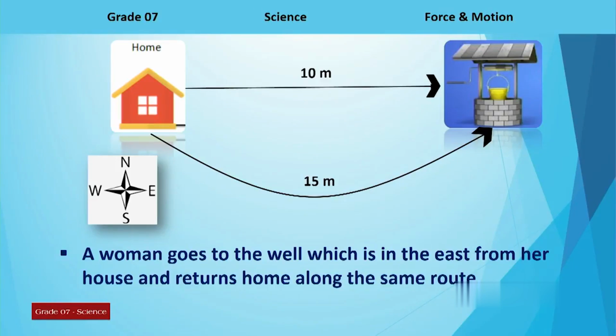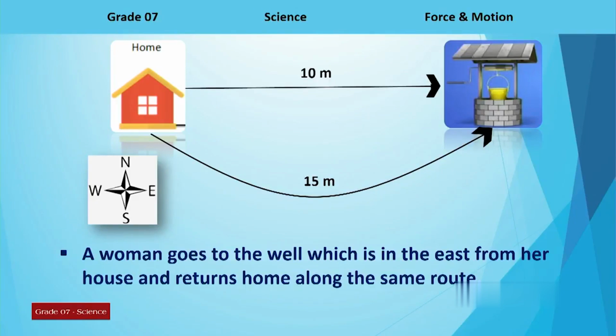That is the displacement between the house and the well. When the woman is going to the well, she is covering a distance of 15 meters, and when she returns home, she is covering another 15 meters. Then the whole distance covered by the woman is 15 meters plus 15 meters. It is similar to 30 meters, right?